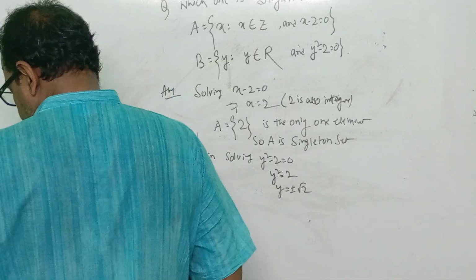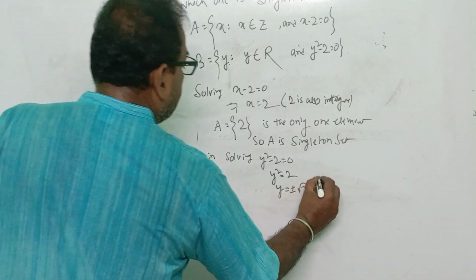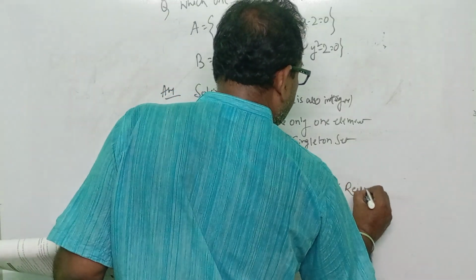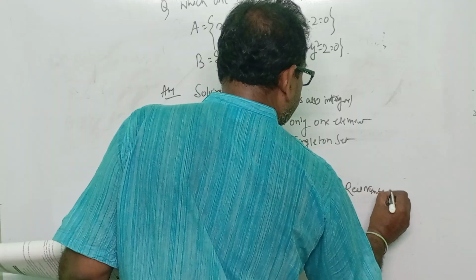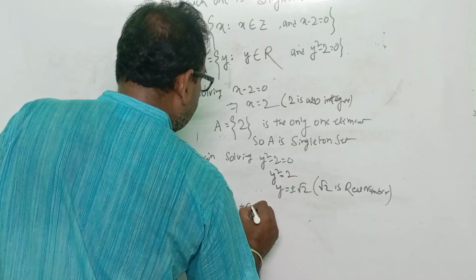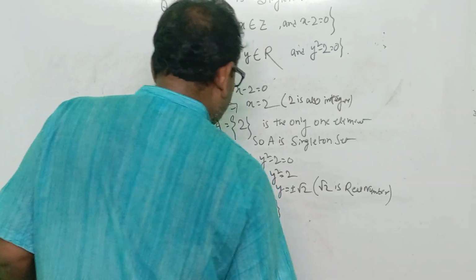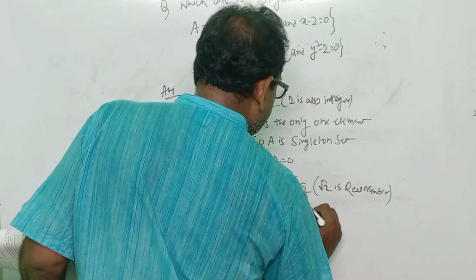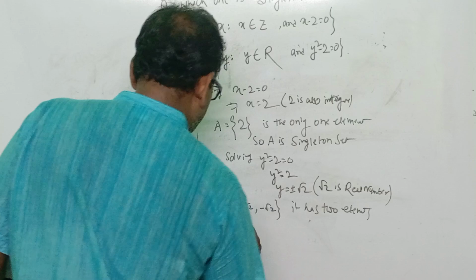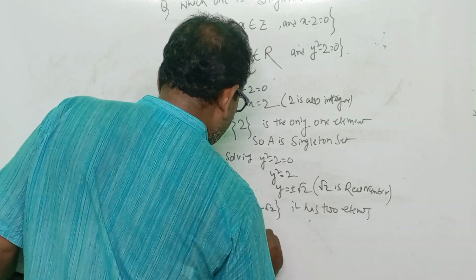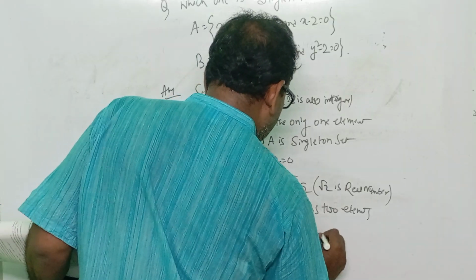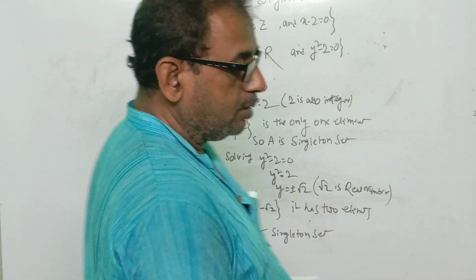So B has the elements plus root 2 and minus root 2, which are real numbers. Now B has two elements. So B is not a singleton set. Clear?